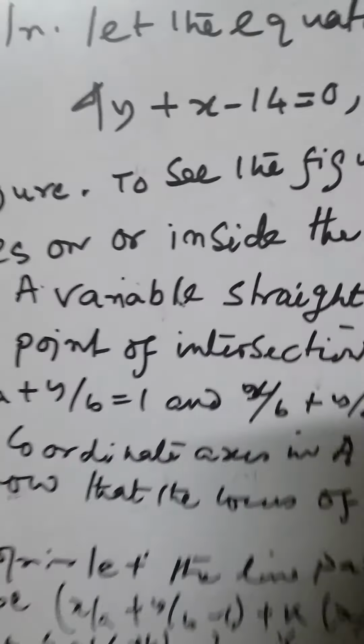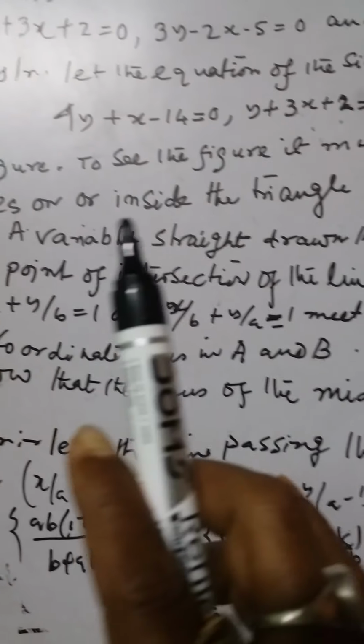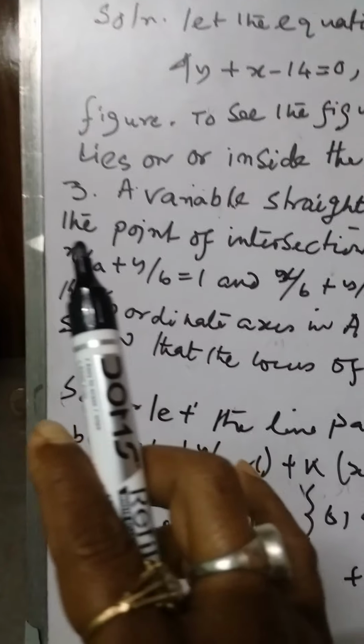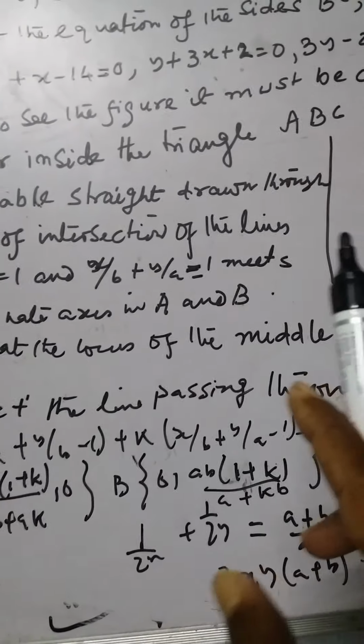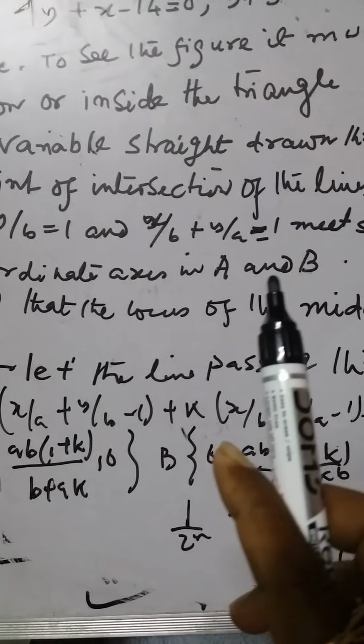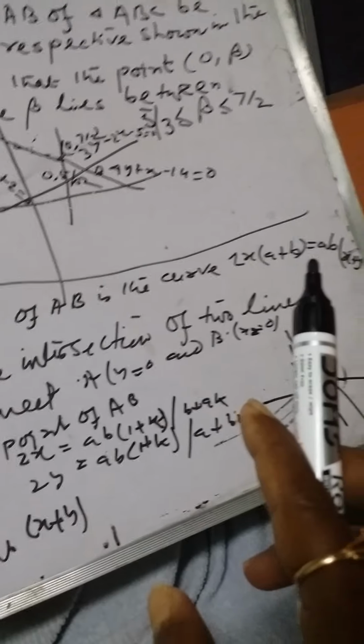Now my third math. A variable straight line drawn through the point of intersection of the lines this and this meets the coordinate axes at A and B. Find the locus of the middle point of AB. Very interesting math.